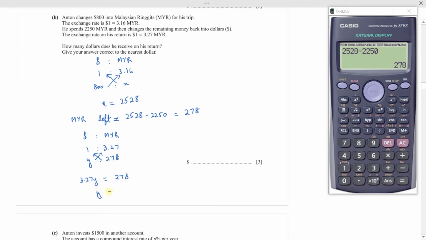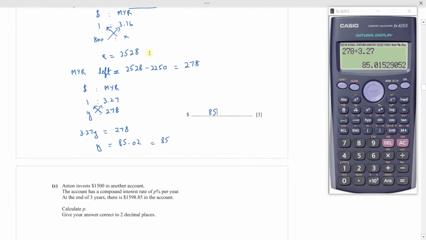So Y will be 278 divided by 3.27. So this is $85.02, but you have to give the answer to the nearest dollar. So to the nearest dollar, this is $85. That's the amount of dollars that he will receive on his return.